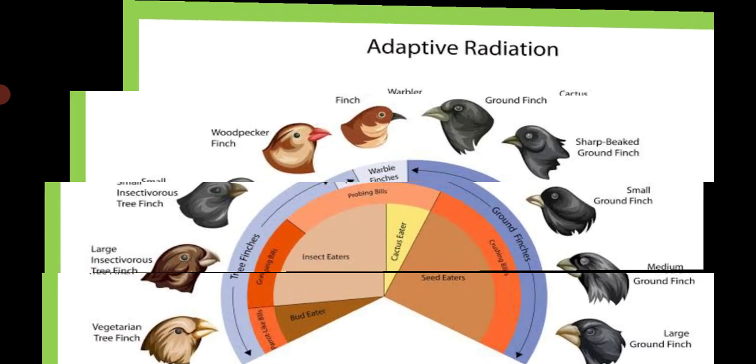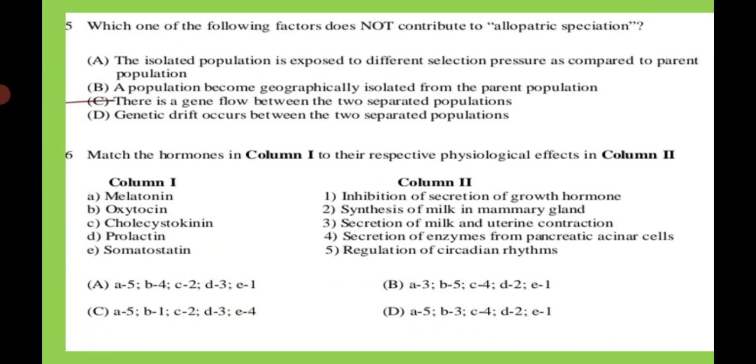Moving to the next question: which one of the following factors does not contribute to allopatric speciation? Allopatric speciation occurs when a species separates into two groups isolated from one another. A physical barrier such as a mountain range or a waterway makes it impossible for them to breed with one another. So, allopatric speciation prevents gene flow.